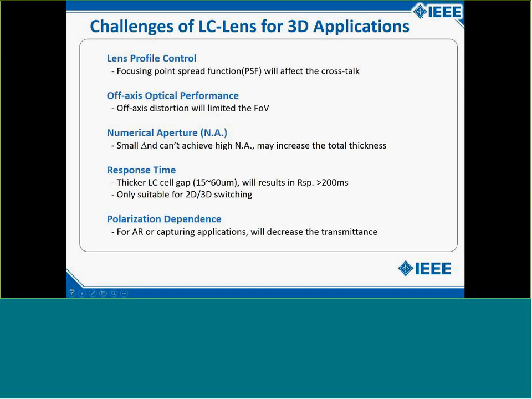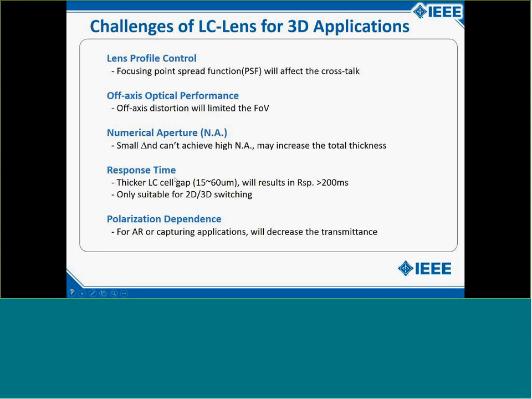The third thing is that the delta N of the liquid crystal is not high enough. When you have a smaller delta N, you will have a small numerical aperture, which means a longer focal length. A long focal length increases the total thickness, which also affects applications in AR or VR.